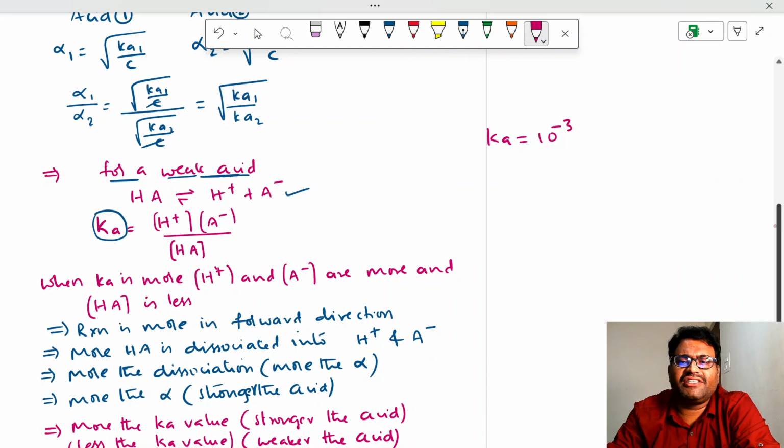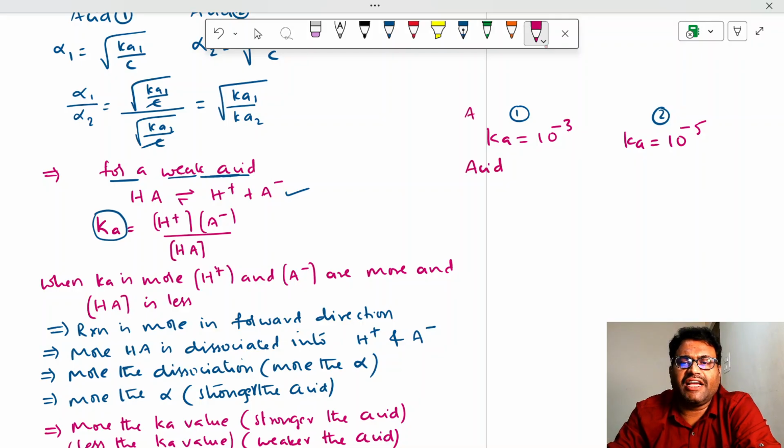Another acid, this is acid 1, what we are taking. Another acid, what we have taken, acid 2, Ka is equal to 10 power minus 5. Which acid is stronger? This is acid 1, this is acid 2. Both are weak acids.